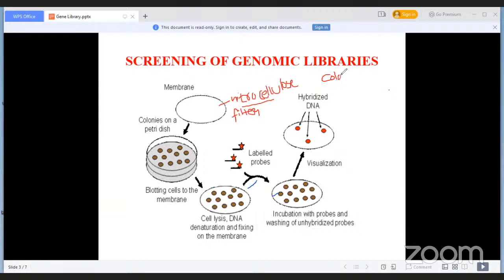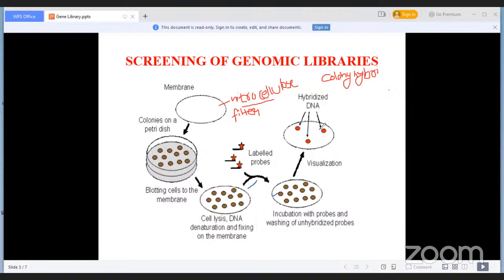Colony hybridization. It is a common method for screening plasmid-based libraries. I already told you earlier, we selected the plasmid as the vector.